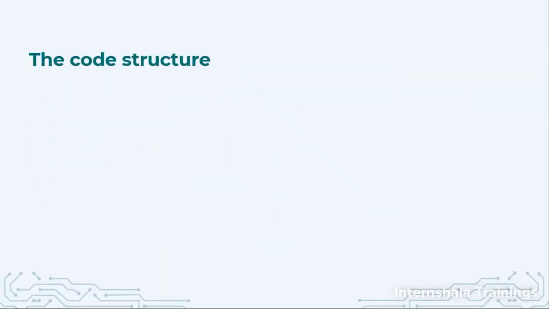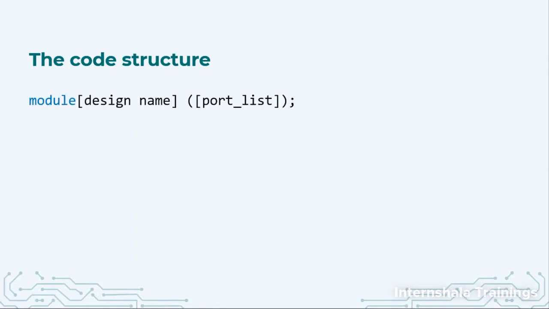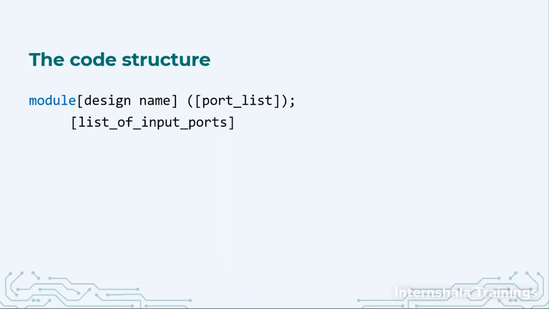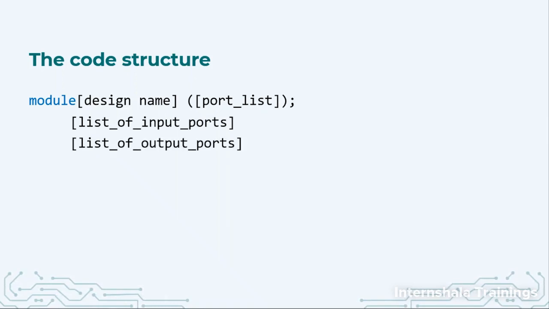Once this is done, let us look at the structure now. I have module, then we will give the name, and in brackets we will mention the port list. Port list means which variables are my inputs and which are my outputs. So the list of input variables and output variables are called ports in Verilog.